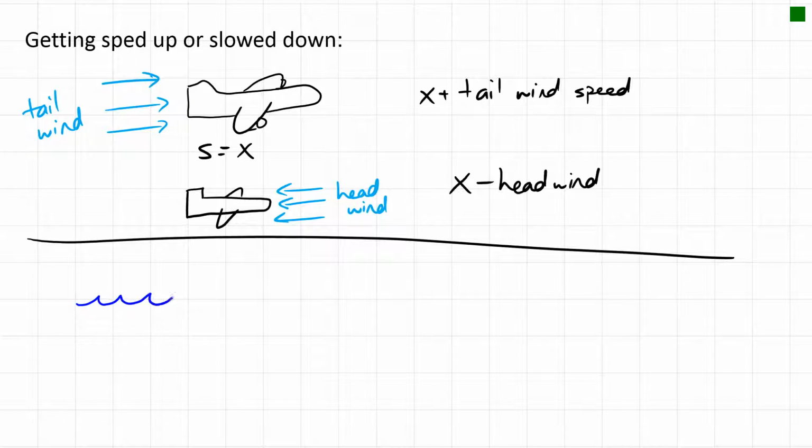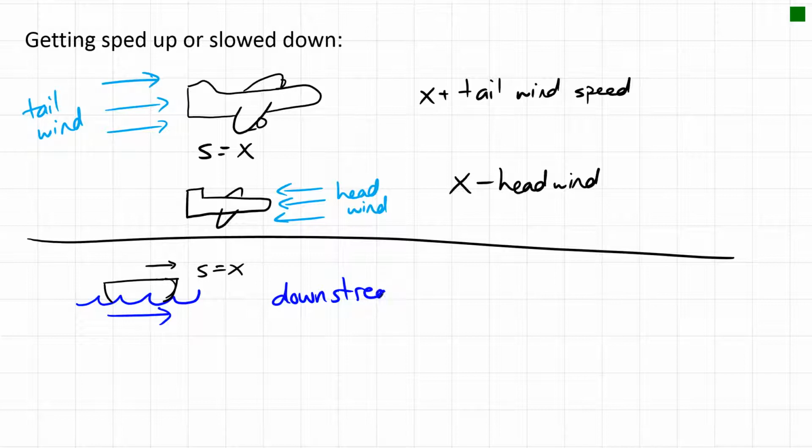So if you're in, say, a river, which is moving some direction, and you're paddling, or you're a boat, any kind of boat that has an engine, so your speed would normally be x, but let's say you're going in the direction of the water, we would call this going downstream.